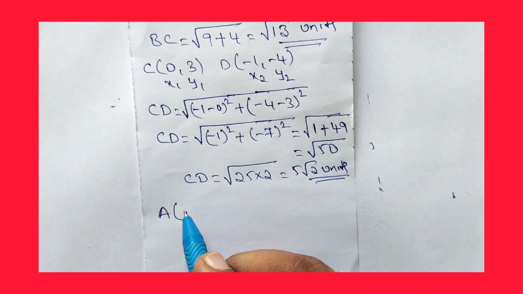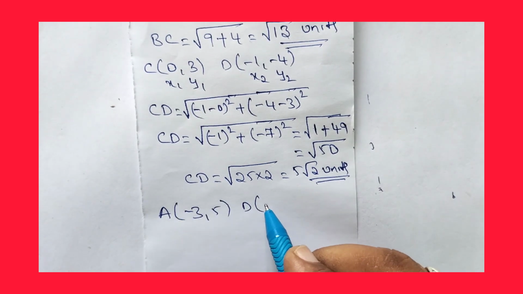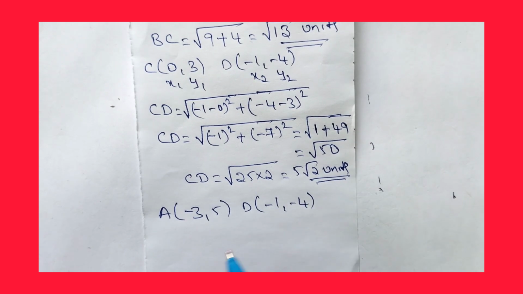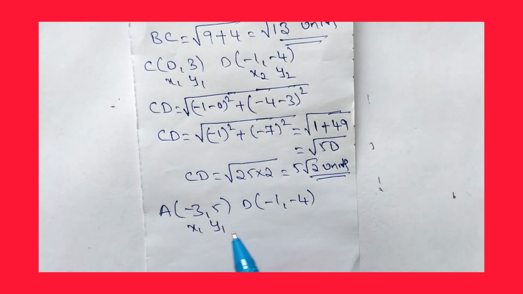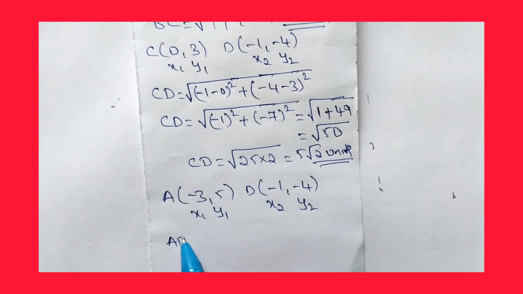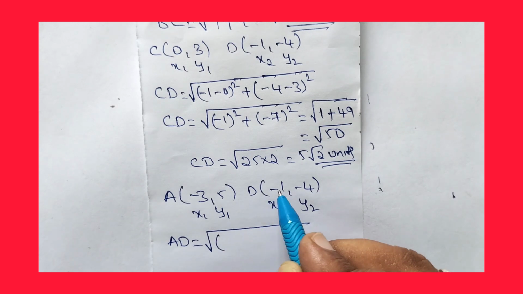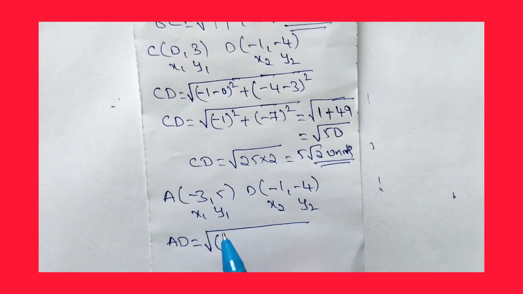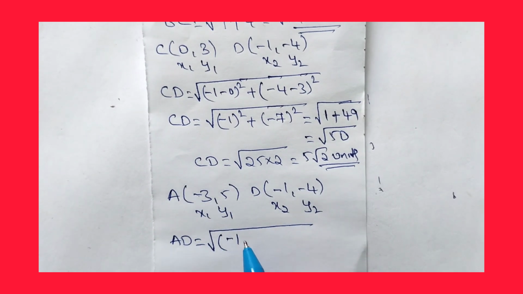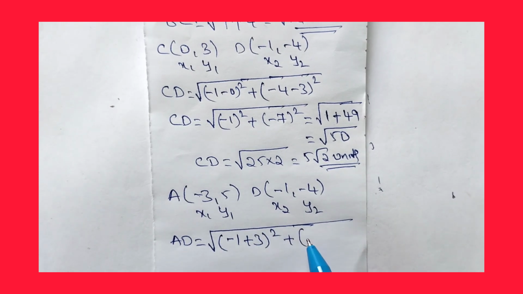So A is (minus 3, 5) and D is (minus 1, minus 4). So x1, y1 and x2, y2. So AD is equal to square root of (x2 minus x1) whole square plus (y2 minus y1) whole square. So (minus 1 plus 3) whole square plus (minus 4 minus 5) whole square.